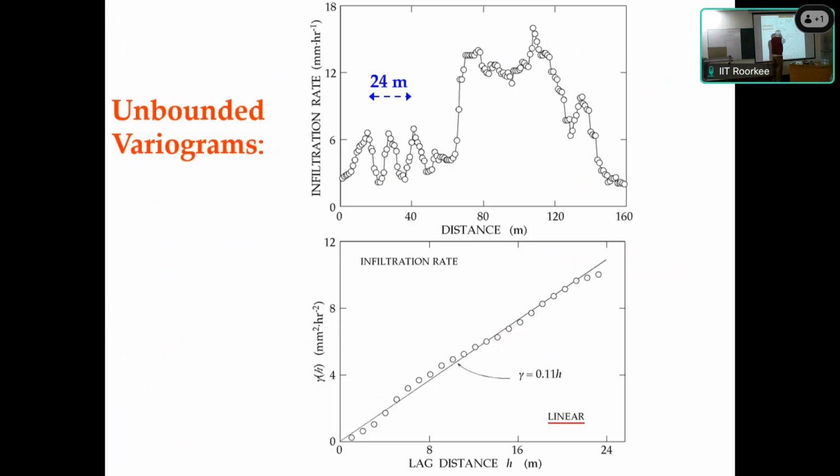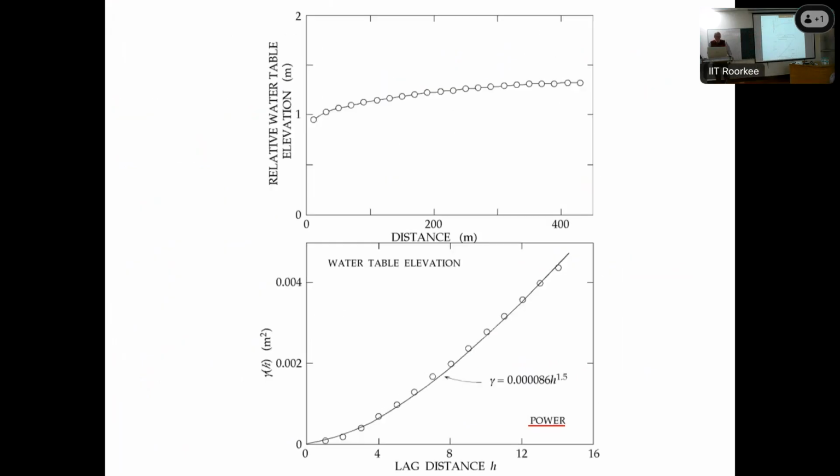That is that much in the field. So it keeps increasing. Or here, relative water table elevation data. You know, data like this, like a watch glass, and the water table variogram up to 16 lags, that's about this one, gives us a big increase. Unbounded semi-variogram.